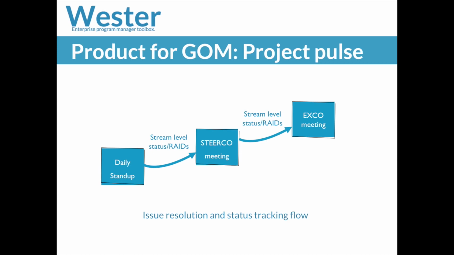If an issue cannot be resolved in a steering committee meeting, then there is an executive committee meeting with the product owners, held once a month, where all strategic decisions are made and approved. With such an approach, we always know the up-to-date project status and have clear procedures to resolve any issues or dependencies.